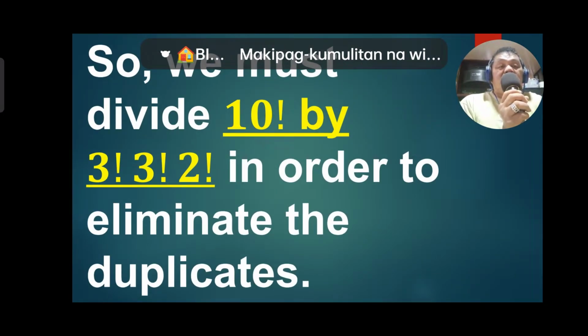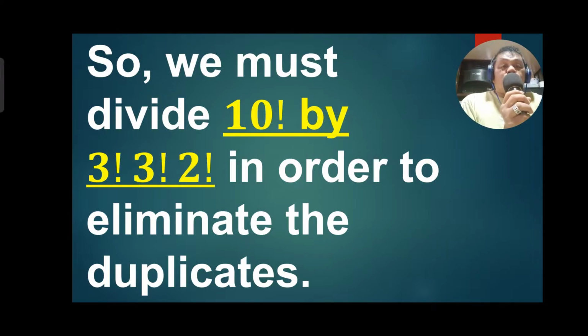We are going to divide 10 factorial by 3 factorial times 3 factorial times 2 factorial in order to eliminate the duplicates.